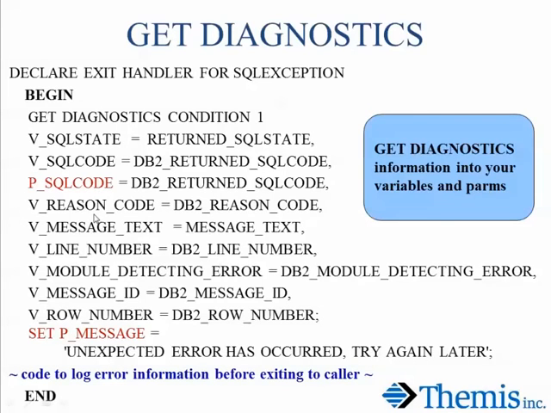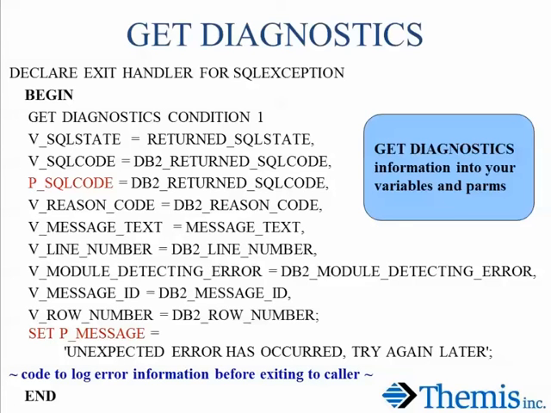I'm going to get my reason code, my message text, my line number, all of those diagnostics areas and set or move them to my variables that I've declared within my procedure.